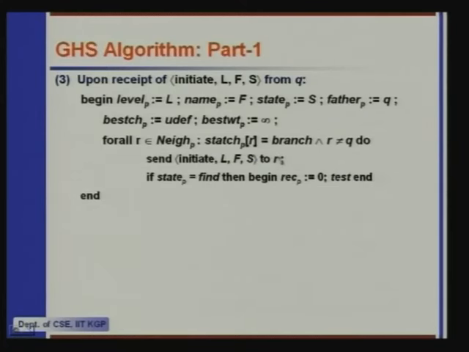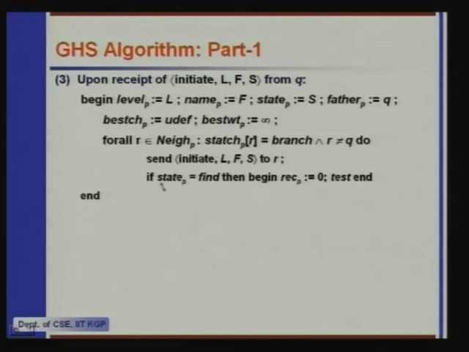That the node P when it receives the initiate message, it will actually propagate the wave to all the neighbors other than Q from which it got that, right. It is going to send out the initiate message to all of its other neighbors except Q, and also only along the branch edges of the tree. It is not going to use the edges which are non-branch edges, only along the branch edges of the tree it is going to propagate this, right.